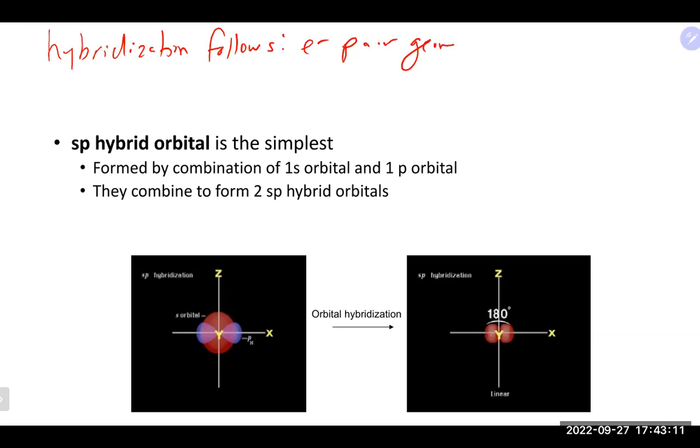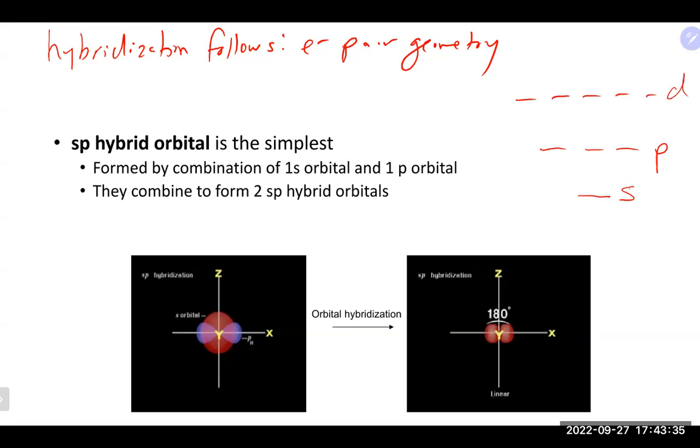To be truthfully honest with you, people ask, how do you figure out the hybridization? There's a pretty simple way you could do it. There is one s orbital, p orbitals, there are 3 of them, and d orbitals, there are 5 of them.